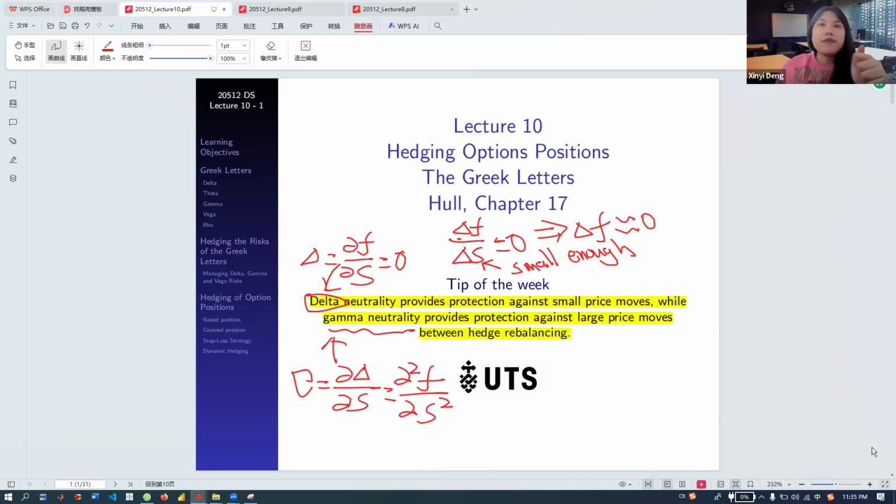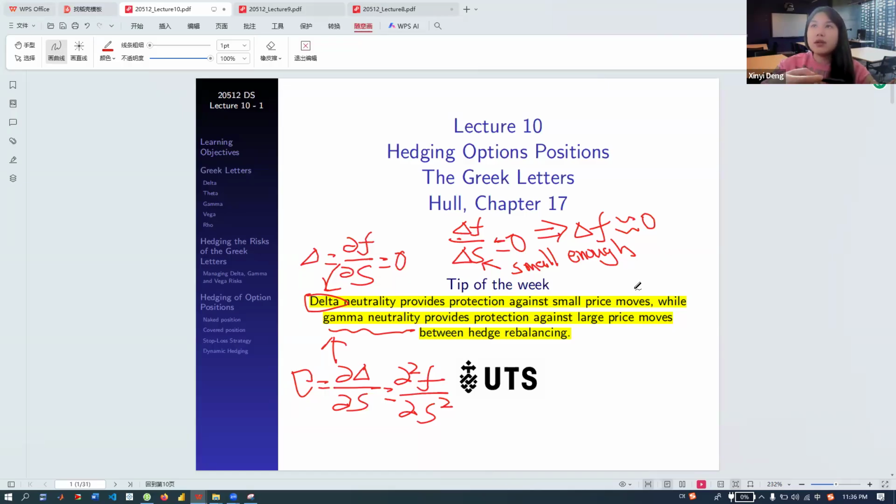Also, if you think about gamma neutrality, the second half of the tip is saying that gamma neutrality provides protection against large price moves between hedge rebalancing. Let me start by expanding on a disadvantage associated with a delta neutral strategy itself.